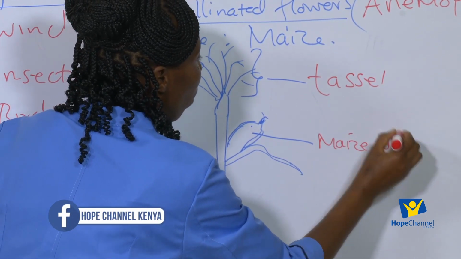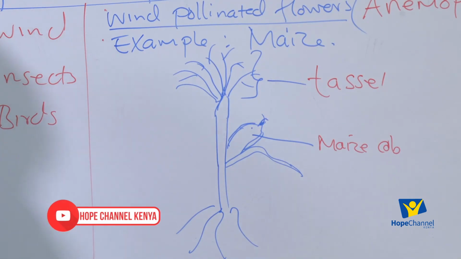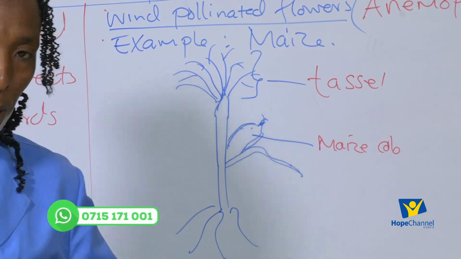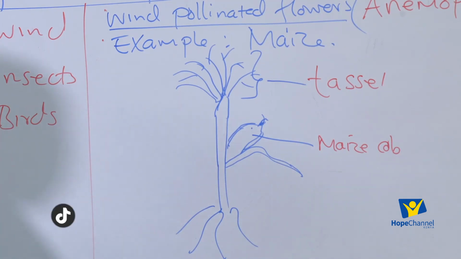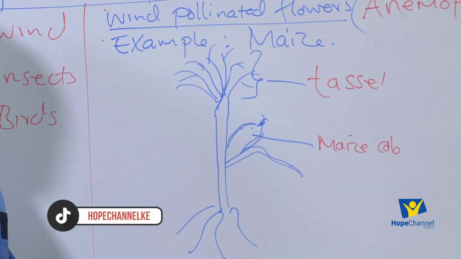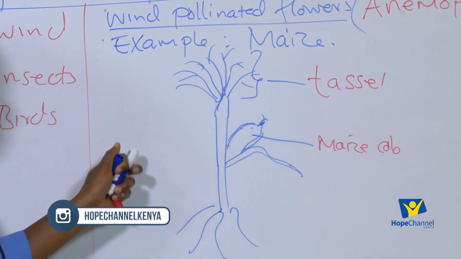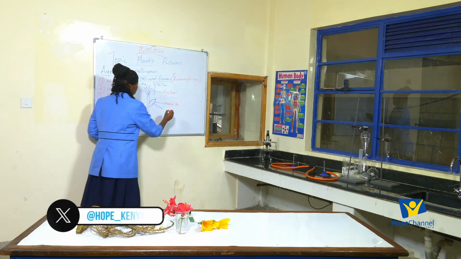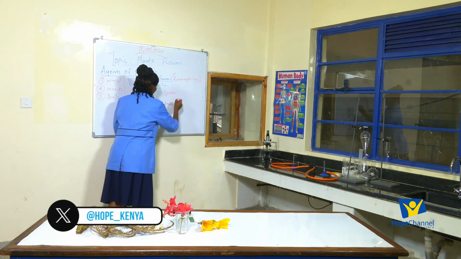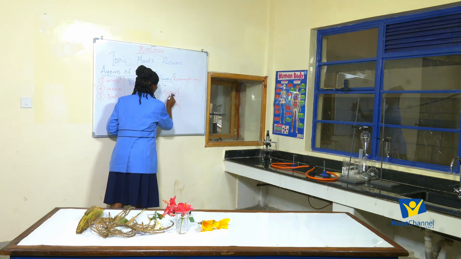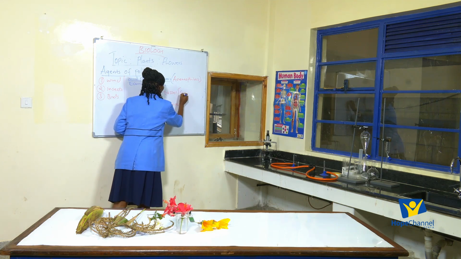Remember, we are trying to discuss wind-pollinated flowers, and I've picked an example of a maize plant which has flowers. So this one forms the male part, the staminate.